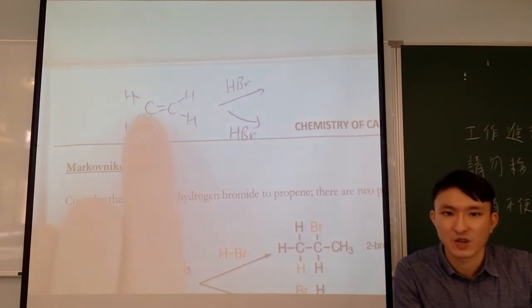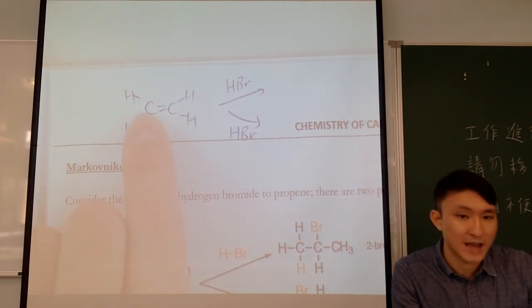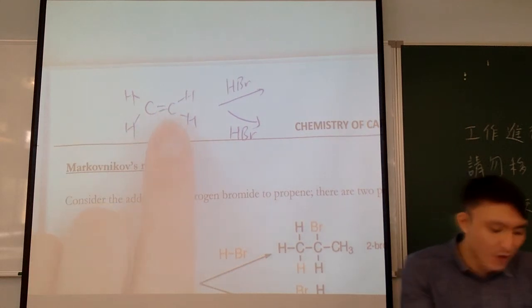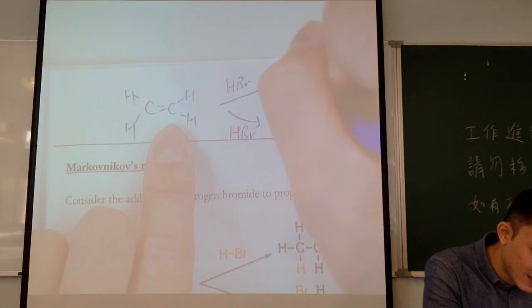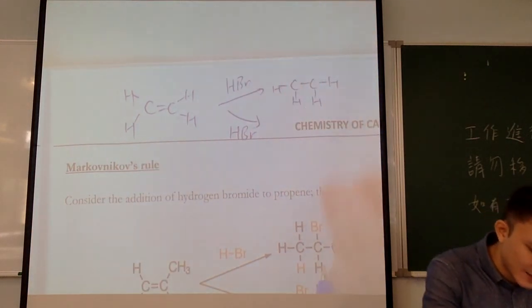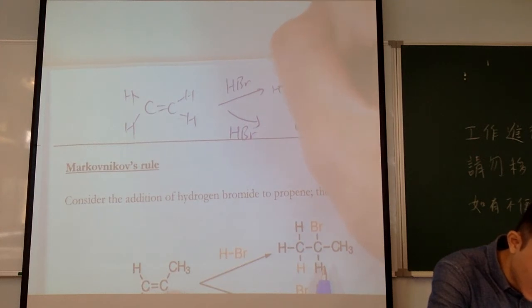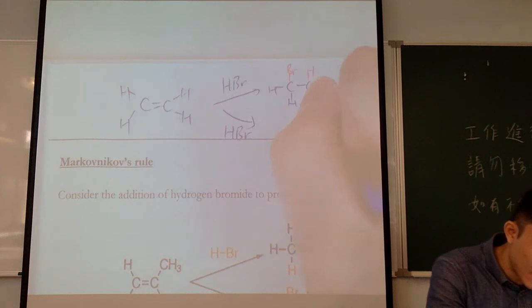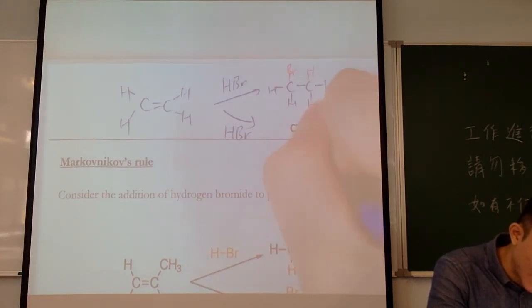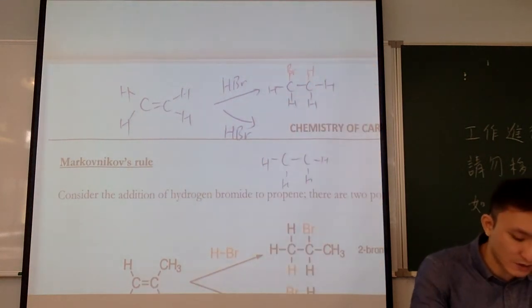Will it be added to the carbon on the left, or will it be added to the carbon on the right? Now, in this situation, you may realize that it actually doesn't matter, right? It doesn't matter whether the Br is added to the carbon on the left, or whether it is added to the carbon on the right.